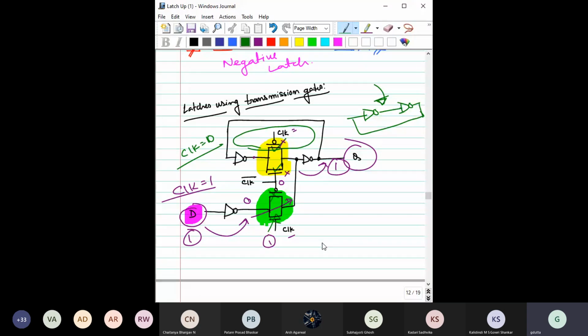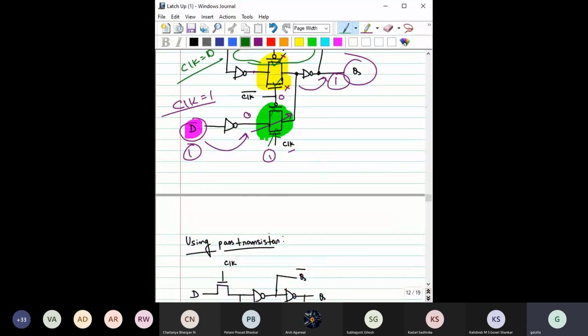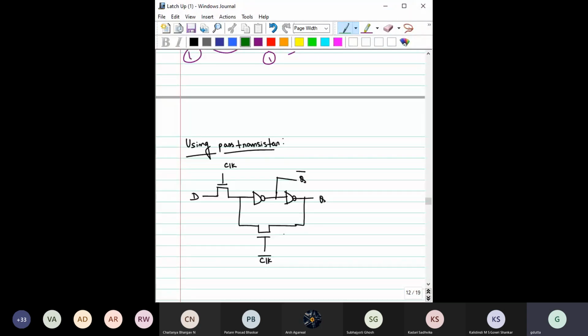The number of transistors is half, because if you are implementing only NMOS pass transistors, then it is only NMOS, PMOS only PMOS, right? So if reducing the number of transistors is of prime importance for you, then probably you can implement the same circuit using pass transistors, and the circuit would look something like this.